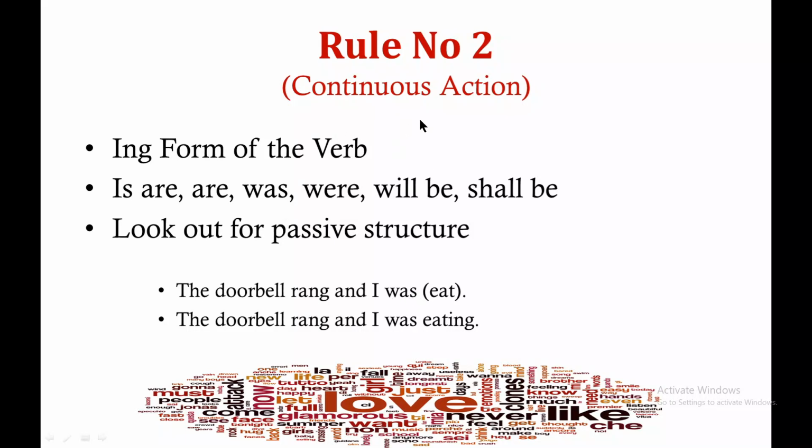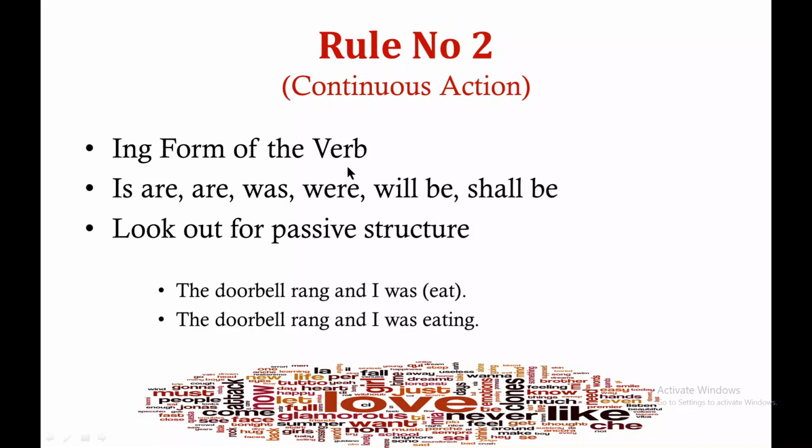So if you see a continuous type of action, you have to apply either present continuous tense or past continuous tense. This is one thing you need to be very careful about and keep in your mind. So if you see a continuous type of action in the sentence, you have to apply the ing form of the verb.